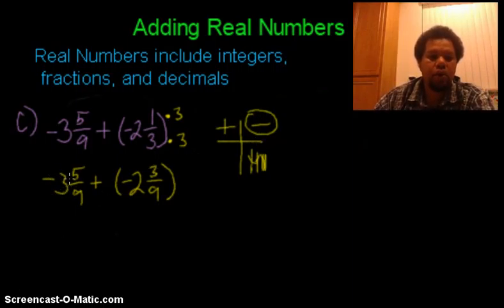So we're going to have -3 plus a -2, which gives us a -5, because we just add the whole numbers. And then we add the numerators together. So we have a 5 plus a 3, which is 8, and we keep the common denominator of 9. So there is that answer.